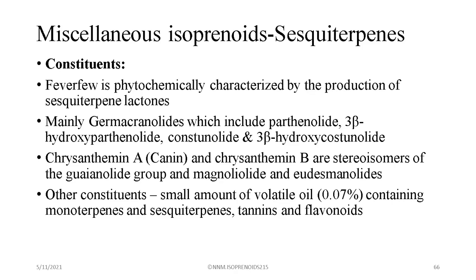Just like each of these plants, as much as it has the active, there are also so many other things, like tannins, flavonoids, and so many other things. But now for this one, the Feverview, it has A and B groups, the guanylide group and magnoliolide.